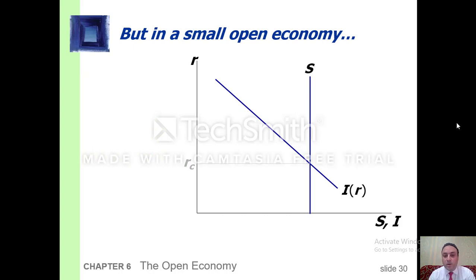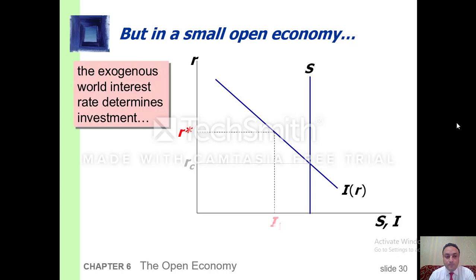But in an open economy, in our model for the small open economy, there is another exogenous variable, as we said, which is the world interest rate, which determines the investment. Now we are talking about an open economy. There is international trade and free mobility of capital and so on.